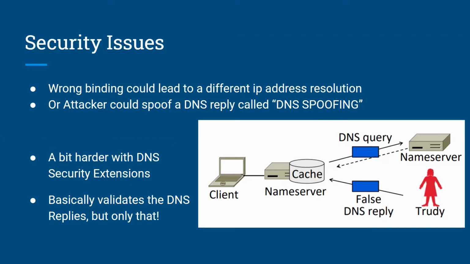That gives you an SSL certificate based on your specific domain name. So if I replay this for HTTPS web pages, some browsers will just say, oh no, you can't do this. It's the wrong web page, wrong DNS. These DNS security extensions only validate the DNS replies, but that's it, not the query. So that's one attacking point.